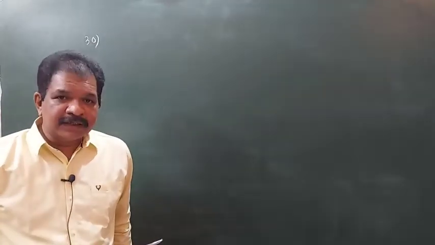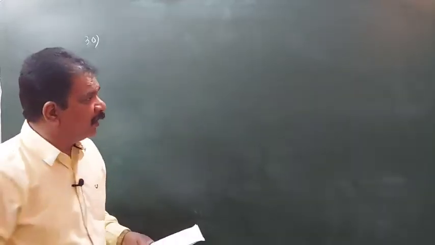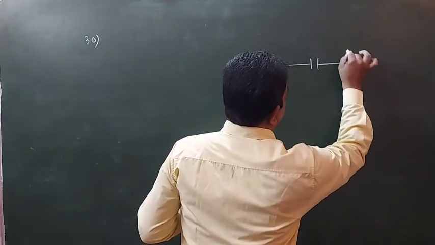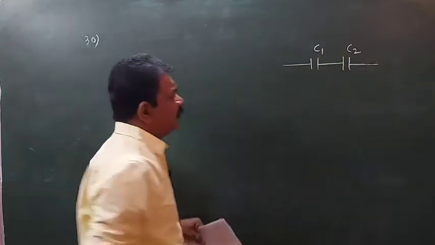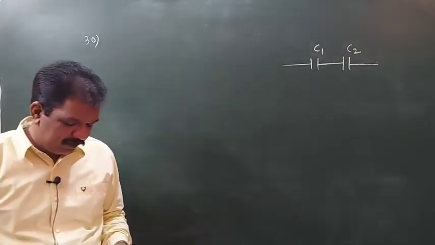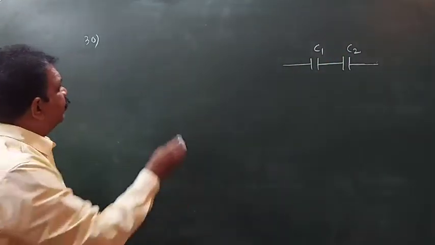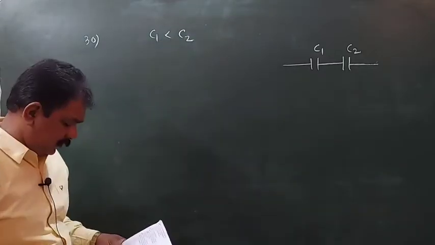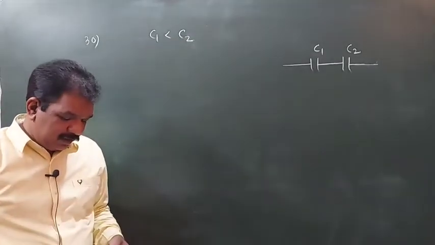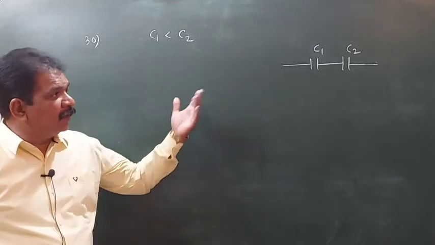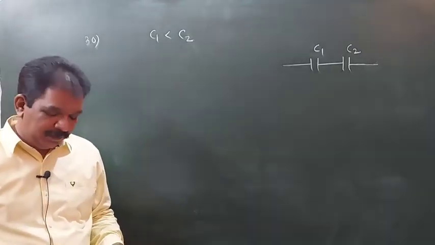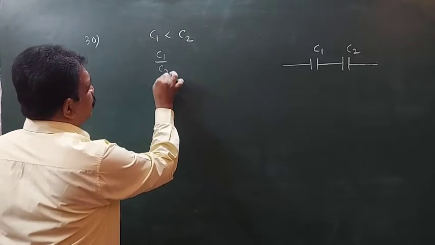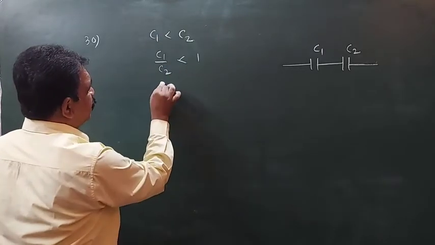Two capacitors C1 and C2 are connected in series. This is one capacitor, this is the second capacitor. These two are connected in series such that C1 is less than C2. Then for the equivalent capacity, what will be the relation between C1 and C2? C1 by C2 is less than 1.